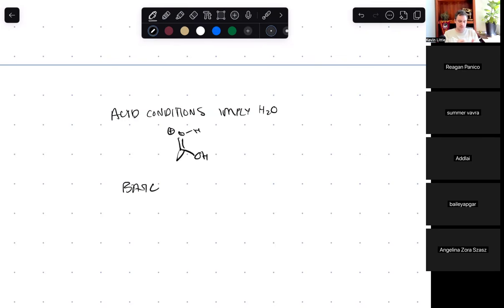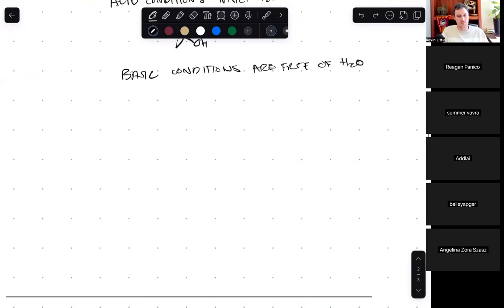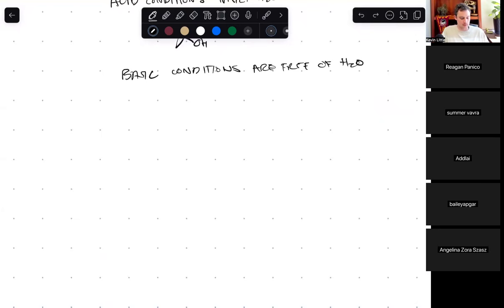Basic conditions are done free of water. So here's another good potential conceptual question, right? We talked a lot about like a Grignard is a prototypical basic reaction, right?